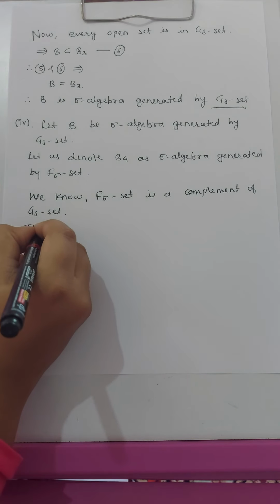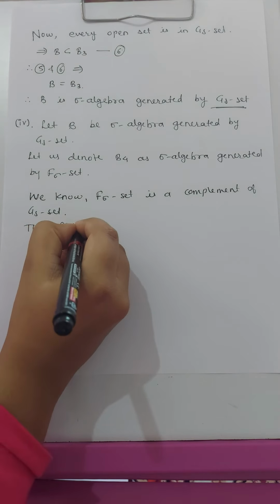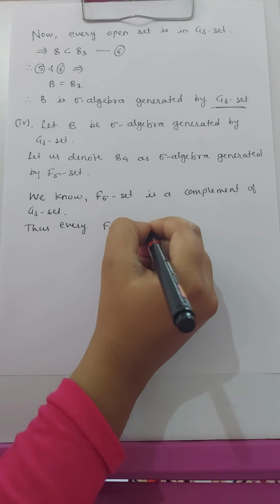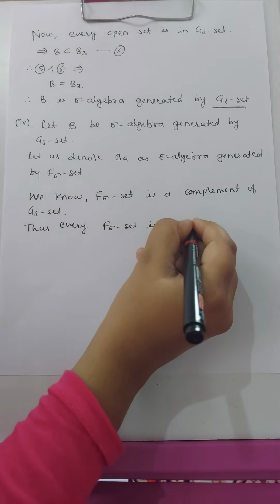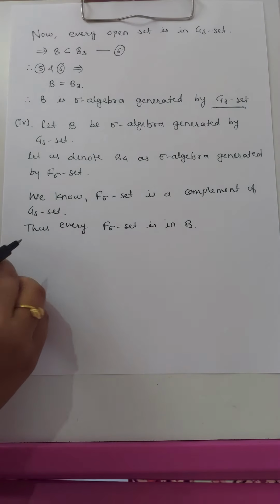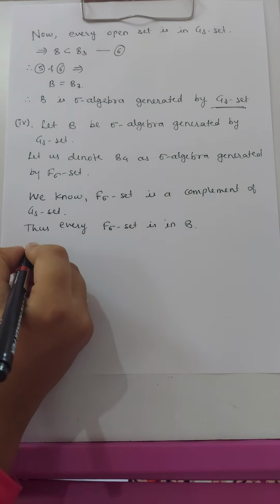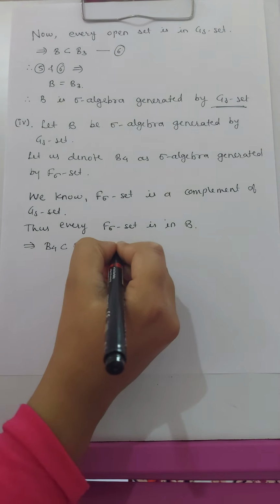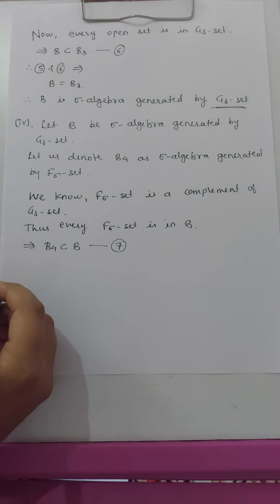So thus every F sigma set is in B, since B is a sigma algebra. So this implies that B4 is a subset of B. Let it be number 7.